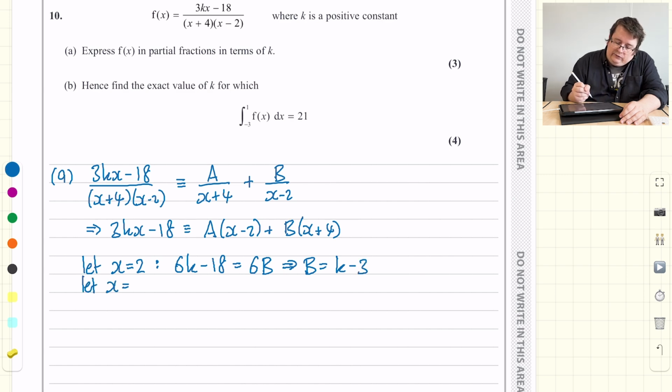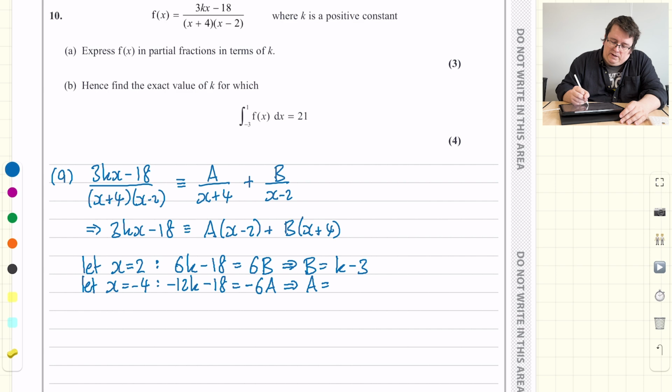Now, if we let x instead be negative 4, the left-hand side will be 3k times negative 4, so minus 12k, take away 18. And on the right-hand side, we'll have negative 4, take away 2, so minus 6a, and that bracket will be 0. So a, dividing through by minus 6, will be 2k plus 3.